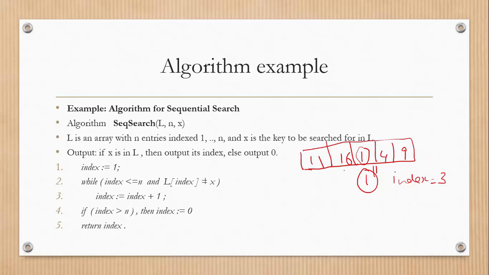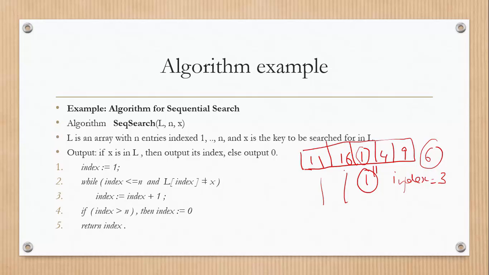Now suppose we are searching for a value which is not present in the array, suppose 13. We compare 11 with 13, not equal, then 16 with 13, not equal, then 1 with 13, not equal, then 4 with 13, not equal, then 9 with 13, not equal, and the value of index becomes 6. It means the item is not present in the array.